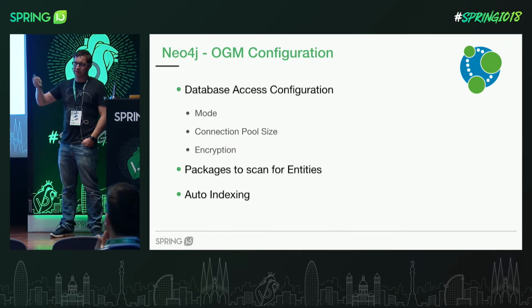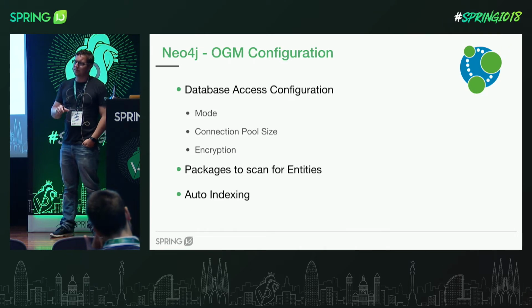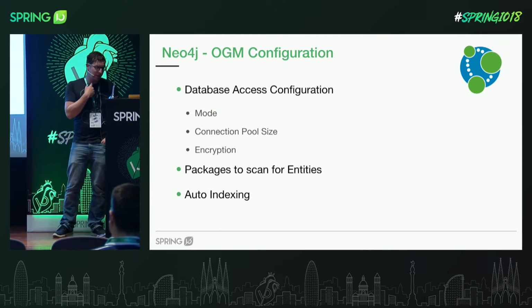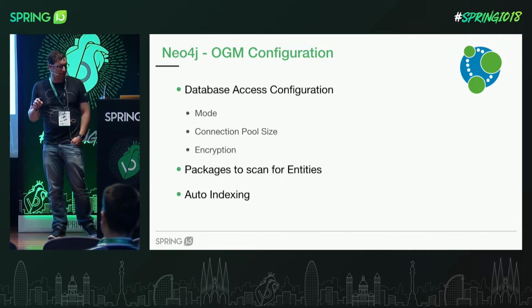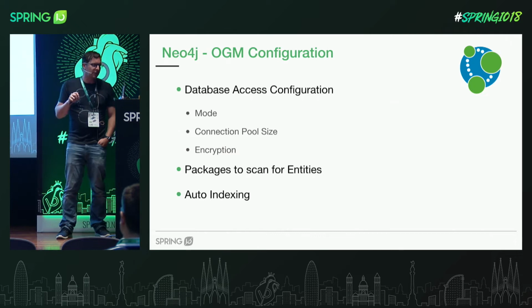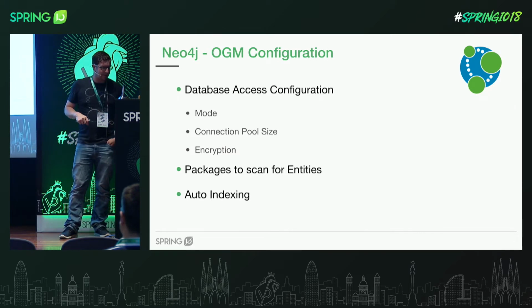If you use Bolt as a protocol, it will use Bolt in your URL. If you point to a file, it will use embedded connection mode, etc. And we also offer, more like a wrapper around the pure driver, the connection pool size, encryption, and some other things I did not mention here.